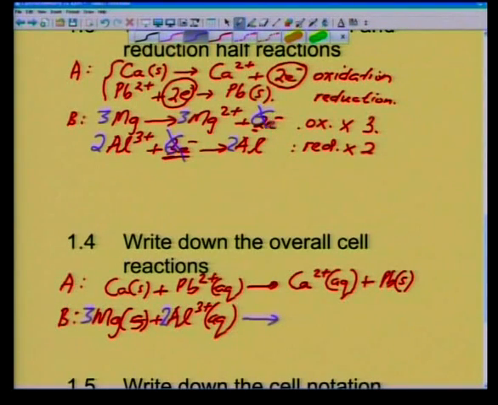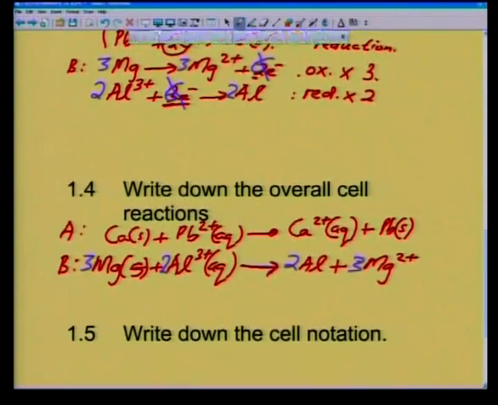And remember, the 6 and the 6 electrons are going to cancel out because they are on either side of the equation. Then we're going to have 2 aluminium solid plus the 3 magnesium 2+ ions. So we have 3 there, we have the 2 here, we've got 2 there, and we've got the 3 there. Now that's how we write the net cell reaction for B.